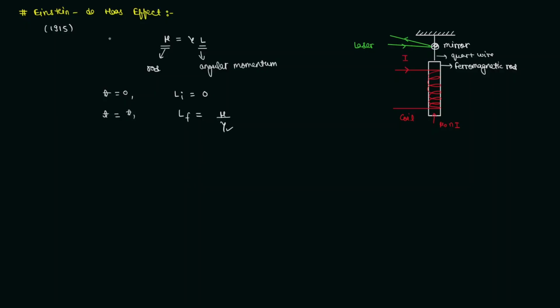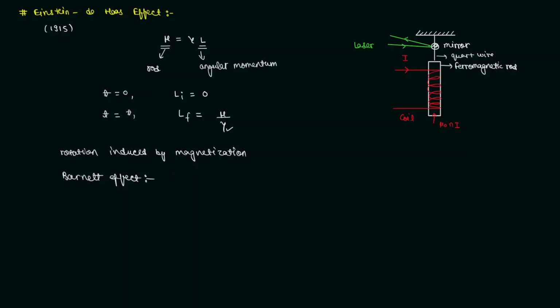So this Einstein-de Haas effect is rotation induced by magnetization. There is also a reverse effect, known as Barnett's effect, which is completely opposite of this effect, where magnetization is induced by rotation.